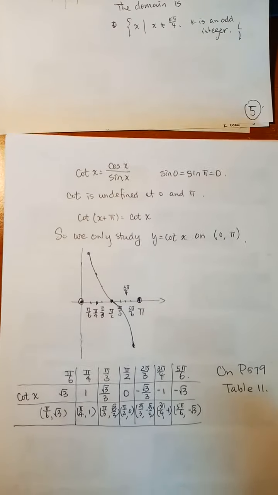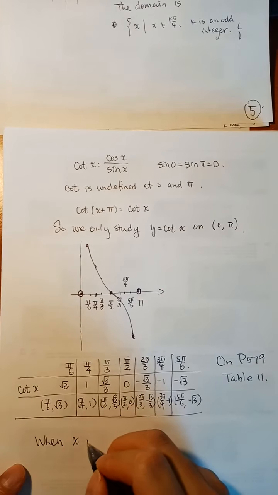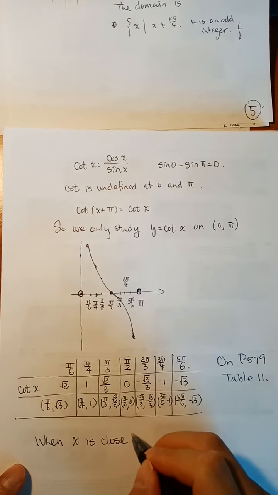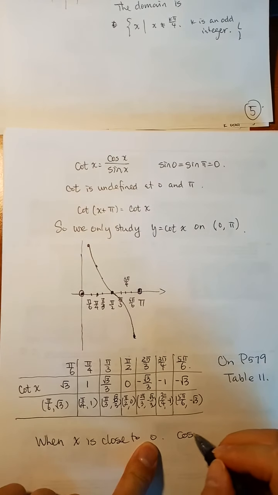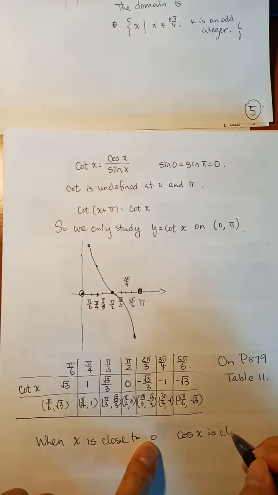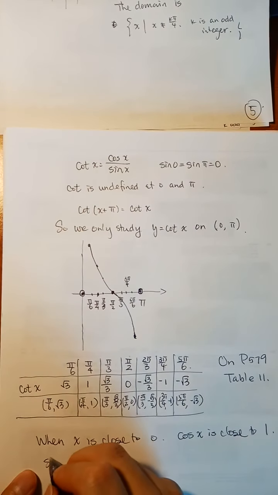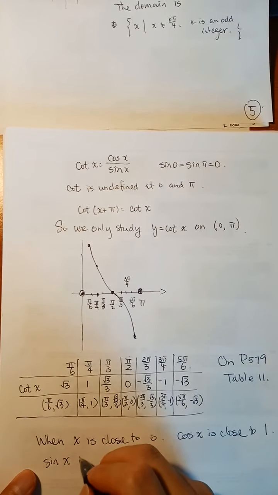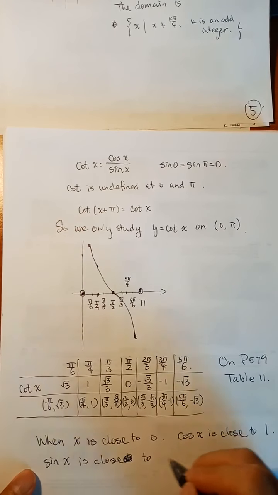Based on this evaluation table, you can only sketch this piece, and then we're going to go through the similar study. When x is close to 0, cosine of x is close to 1, since cosine 0 is 1. Sine x is close to 0.